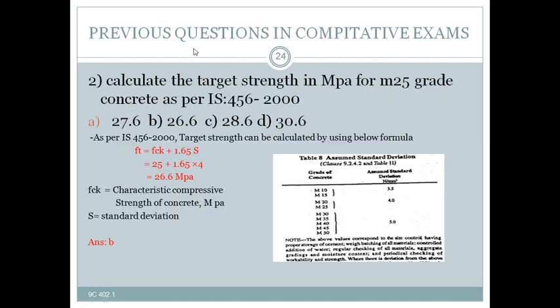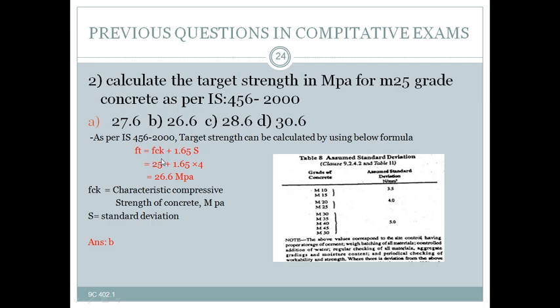The second question asked is: calculate the target strength in MPa for M25 grade concrete as per IS 456 2000. According to IS 456 2000, we know the formula for calculating target strength, that is FT is equal to FCK plus 1.65 into S. Here FCK is the characteristic compressive strength of concrete and S is the standard deviation, which depends upon the grade of concrete.